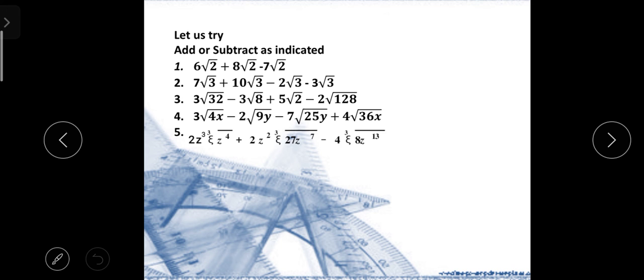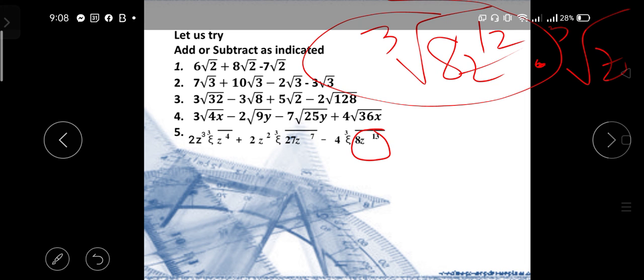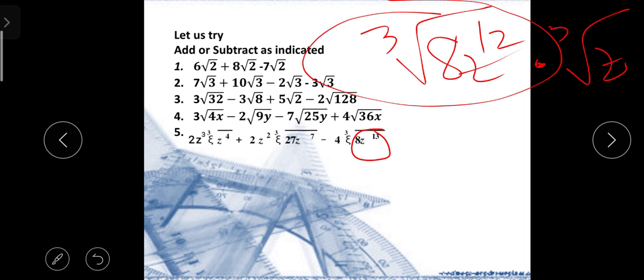For the third term, ang nakuha natin na final is, ito po yung 8z raised to 13. Ito. So, siya ay cube root of 8z naging 12 raised to 12 and then cube root of z. So, ito pong first term ay perfect cube. So, naging 2z raised to the fourth power.